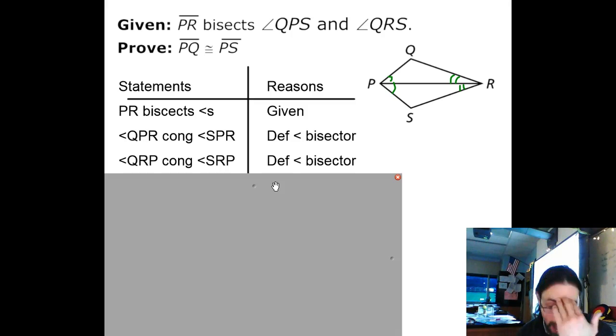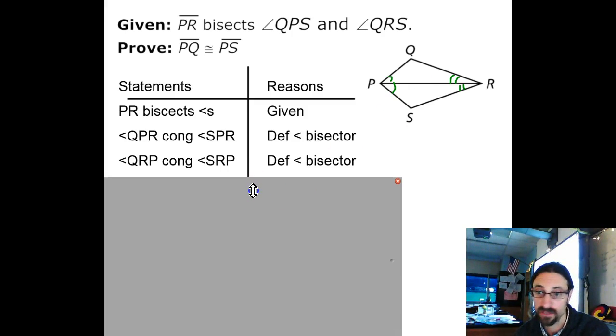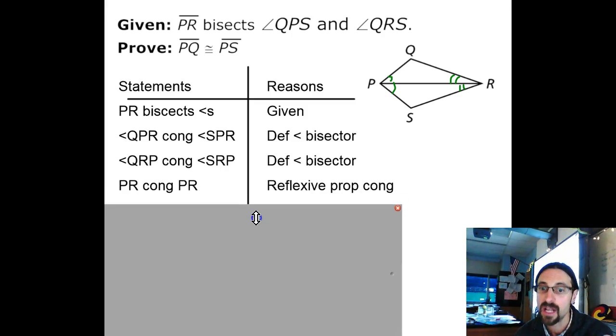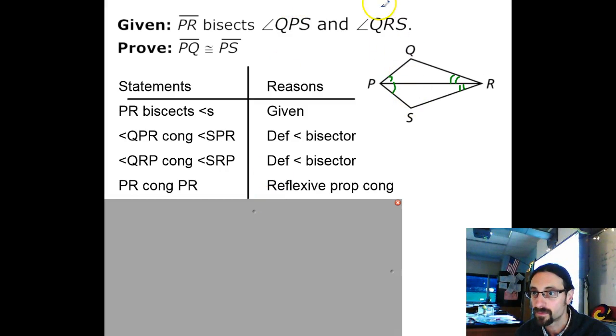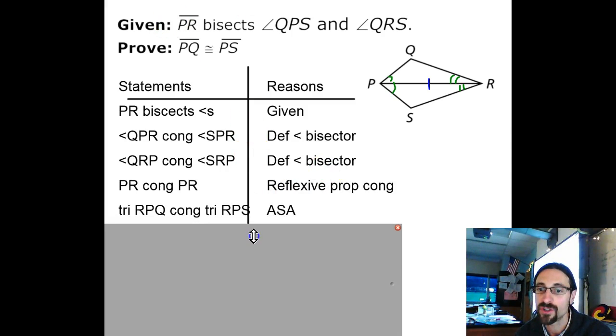Now, again, how would you prove that these two triangles are congruent? You've got two angles congruent. It would be great if we could get a side. Anybody know a side? Well, yeah, that's Josh, you're right. I hear you telling me that right there. You're like, well, Mr. Rising, PR is congruent to PR by the reflexive property. All right, so we'll put a little congruent mark there, which means now I've got congruent triangles.